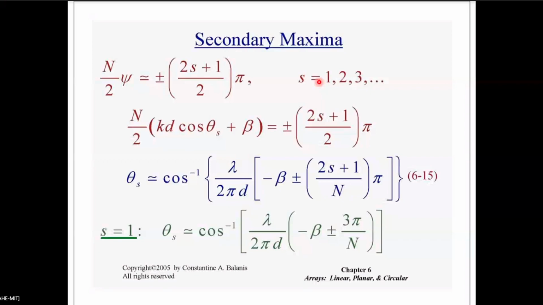It should be 1, 2, 3 like that. So you have this, and you get theta s, the minor lobe maxima, the secondary maxima. You get this expression. For s equal to 1, you get the first side lobe maxima.